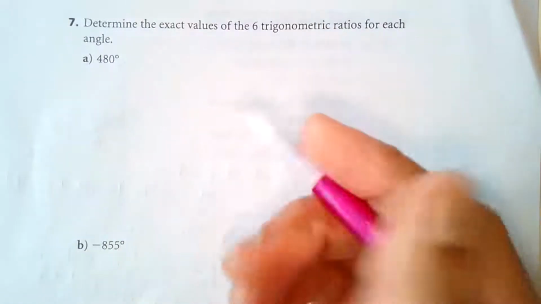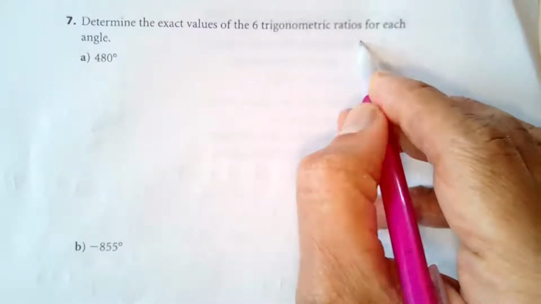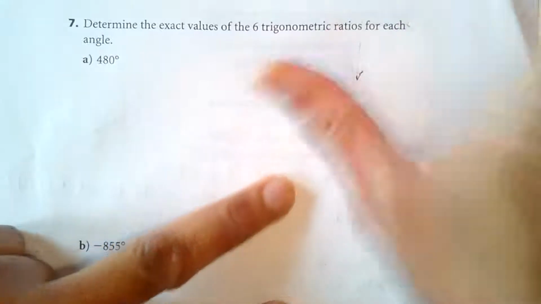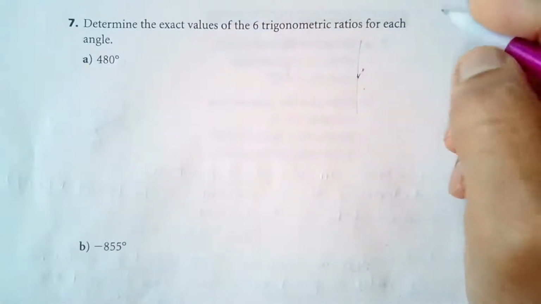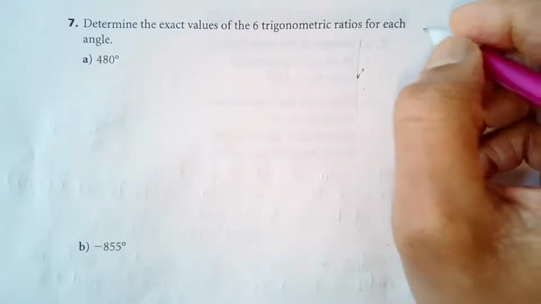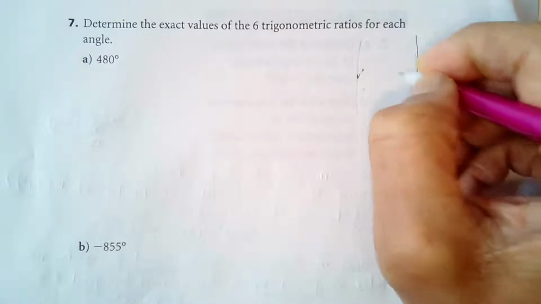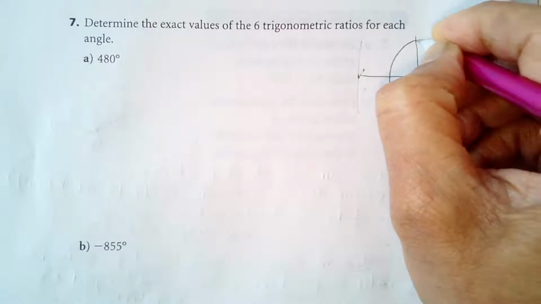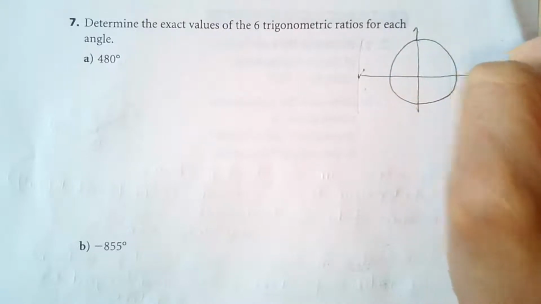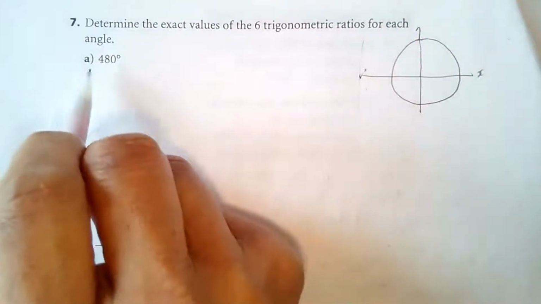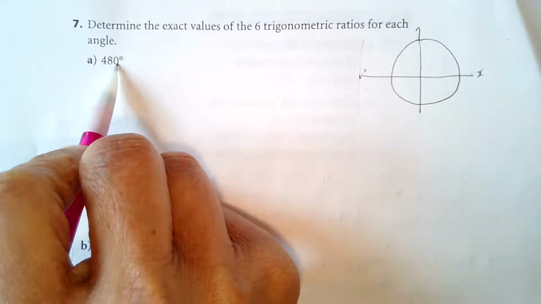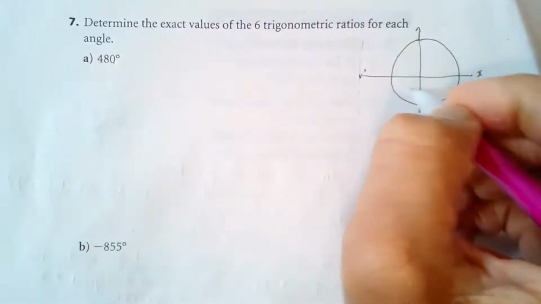Here you can do another sketch, right? You will do a, oops, not a very good start here. So here we'll sketch a circle. Because it's positive, we're going counterclockwise.